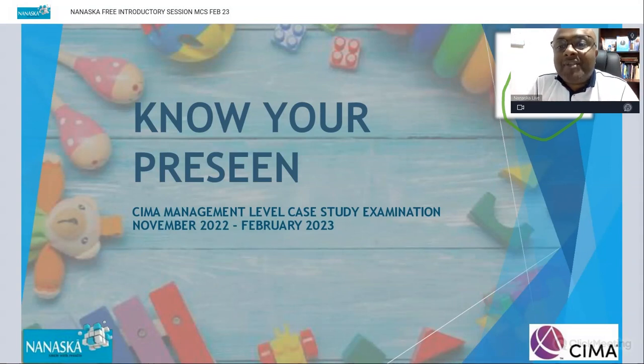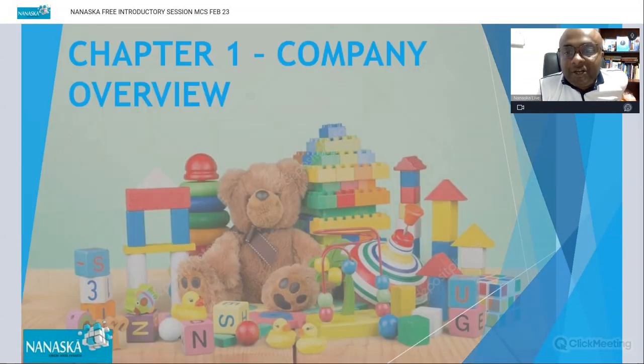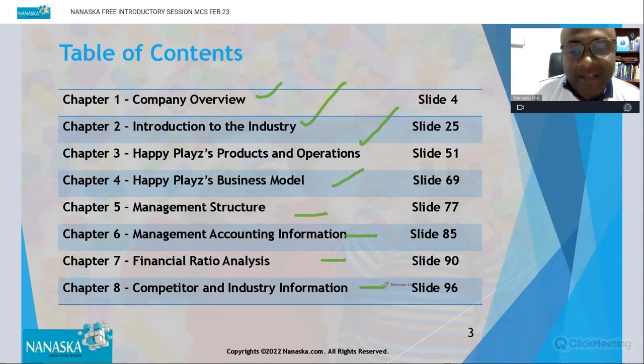This is step number one that we are going to do. If you go through this document, there are different sections: company overview, introduction to the industry, Happy Place product and operation, Happy Place business model, management structure, accounting information, ratio analysis, competitor information, all that is given in the pre-scene.